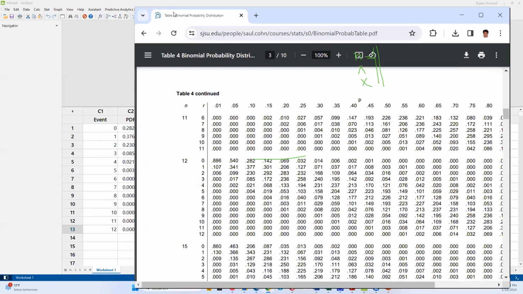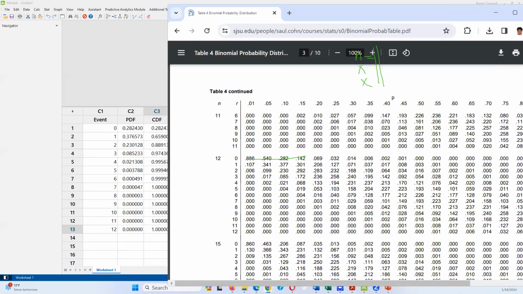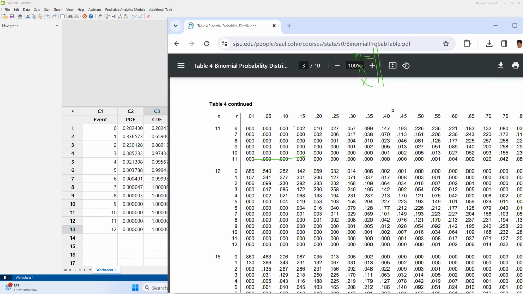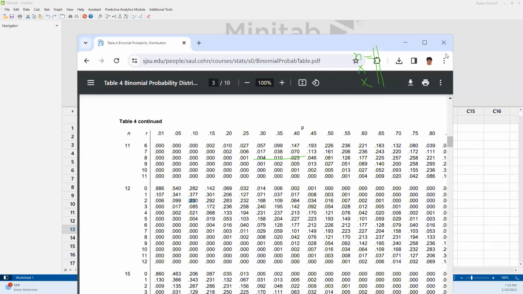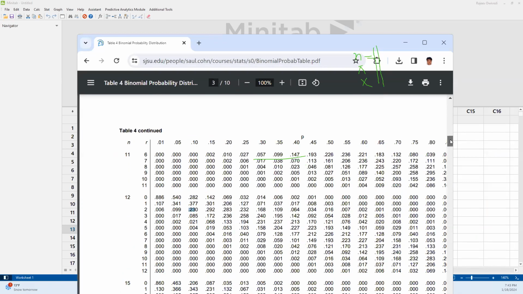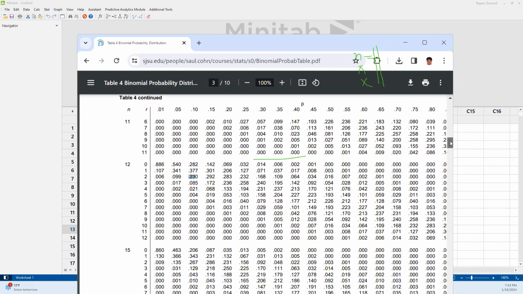Here you can check both values side by side. This is 10%, and you can see 28, 37, 23. This is the old way, from outdated times. But if you want to do it easily, this table is another option.